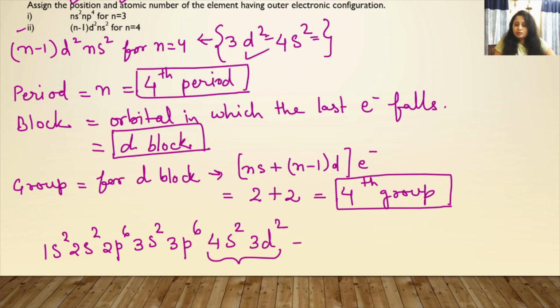Now count the number of electrons. 10 plus 10, 20, plus 2, 22. Here there are 22 electrons. It means 22 protons, or we can say the number of protons is our atomic number. Correct?